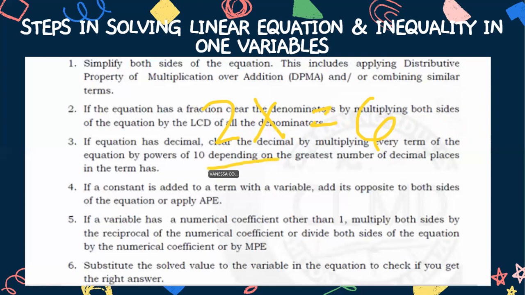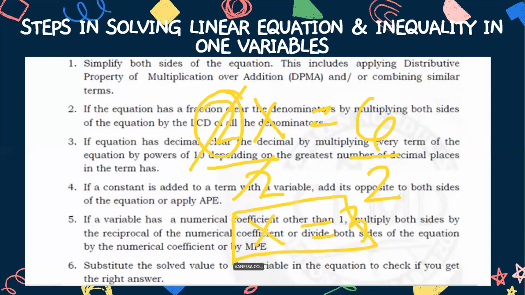So, i-divide natin yung kasama ng ating variable. Ano yung kasama ng ating variable? So, that is 2. So, i-divide natin sila both sides kay 2. Makakancel mo na yan. Ang matitira dito is si x is equals to 6 divided by 2. So, that is 3. So, ganun lang po yung step number 5.